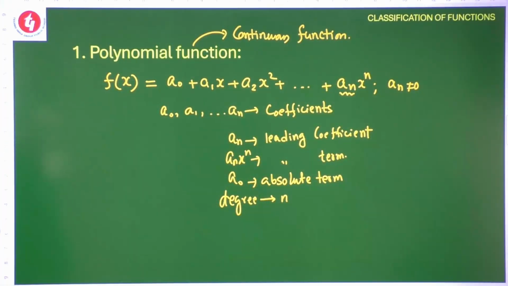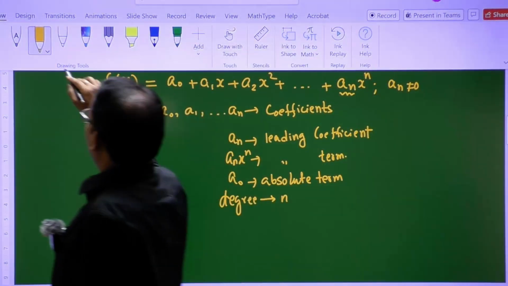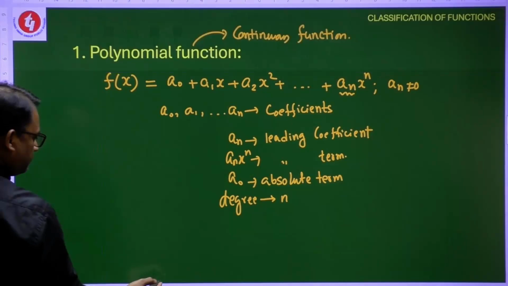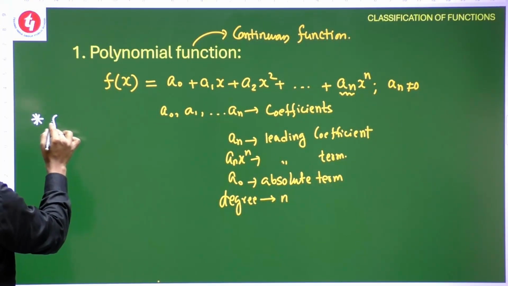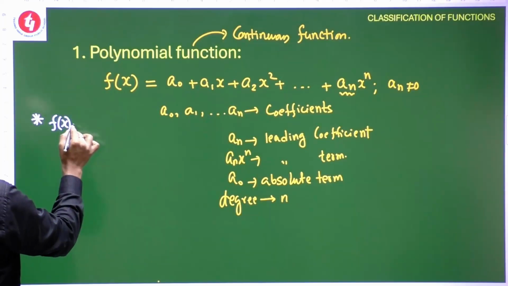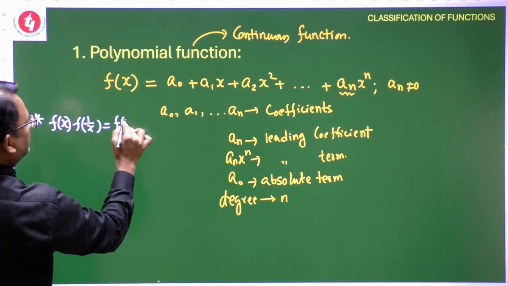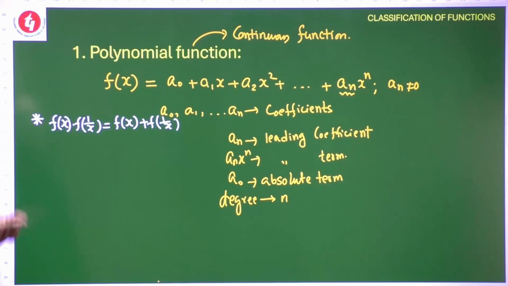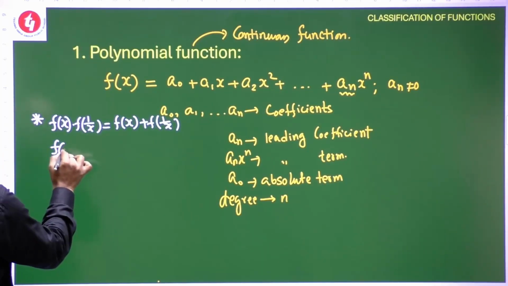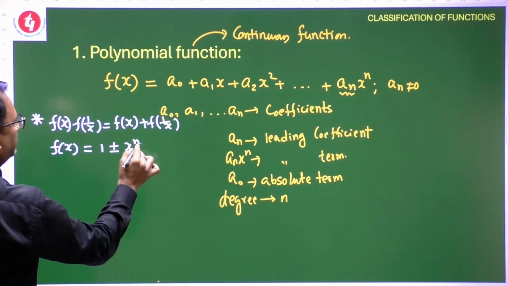Now, one important result I want to discuss is that if I have this polynomial equation, f of x into f of 1 by x is equal to f of x plus f of 1 by x, then this f of x must be 1 plus or minus x power n.